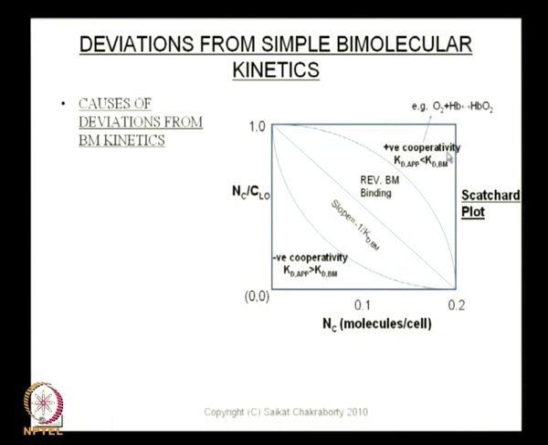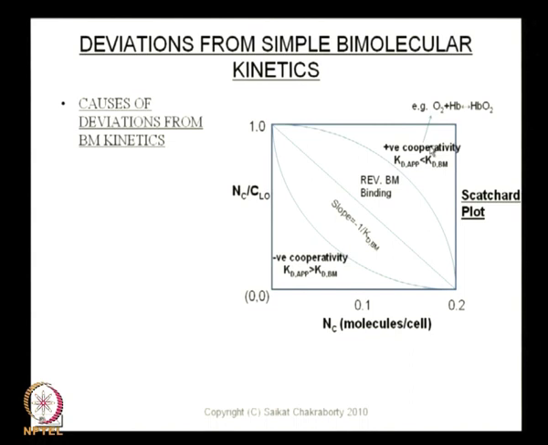So, positive cooperativity, as I showed you for the case of hemoglobin, means that the second reaction is more favored than the first reaction, the third reaction is more favored than the second, and so on. So, earlier formations actually favor the latter ones, which means that the KD apparent, the apparent dissociation constant, is less than the bimolecular constant.